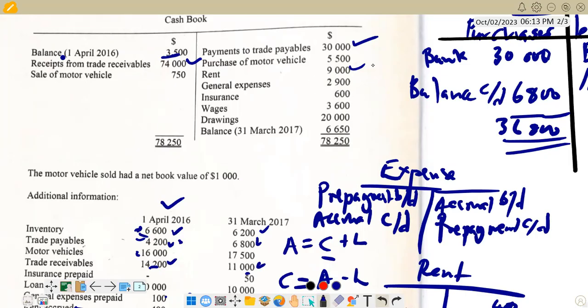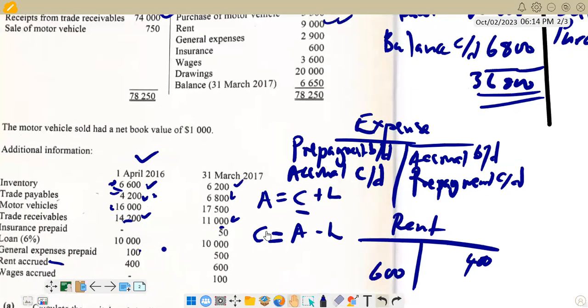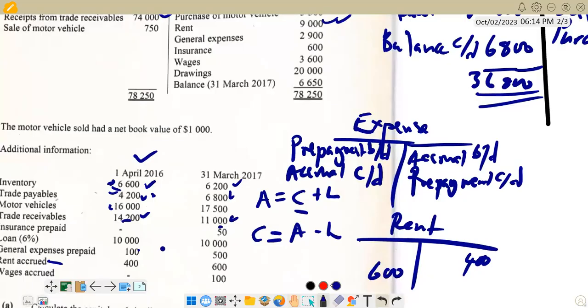The amount that was paid for rent is 9,000. As we are saying, it has been credited in the cash book, so the rent account is going to be debited. So we go to the debit side of the rent account and enter it. Right. So we have got 9,000 there.